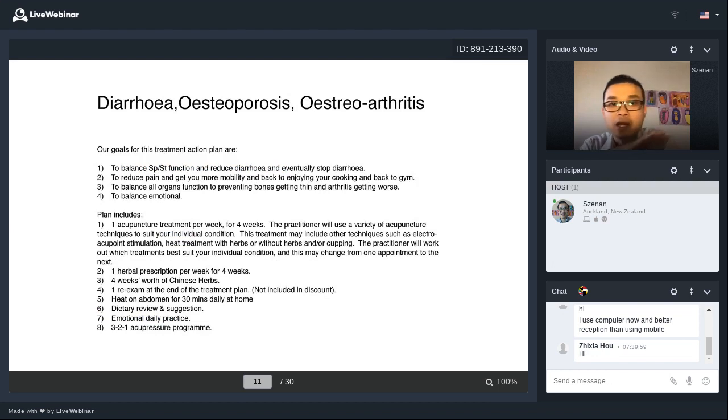Okay, then after all this, I actually give the patient a treatment plan, right? A treatment plan. So our goals for this treatment action plan is we set up a goal together.